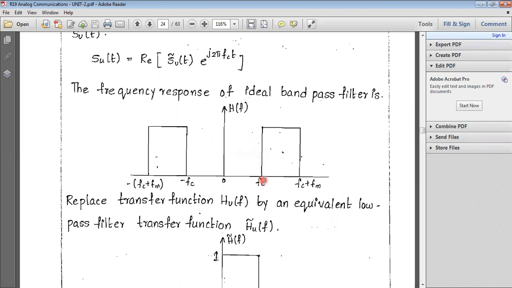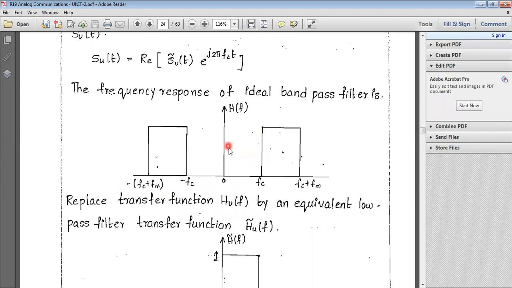You note down this frequency response. Already you know we can pass a band of frequencies either on the upper side or the lower side. If you take fc, we can pass from fc to fc plus fm at the upper side. If we take minus fc, we can pass from minus fc to minus fc plus fm at the lower side. So this is the transfer function for the band pass filter.